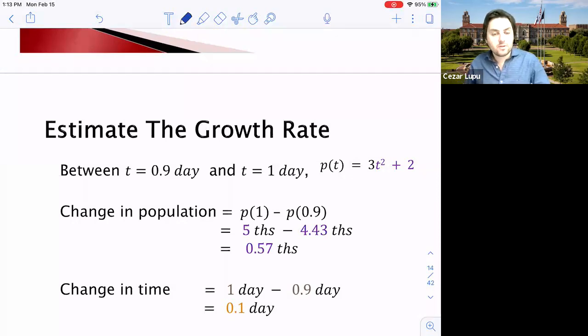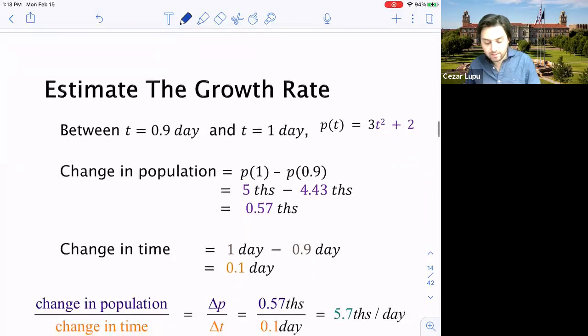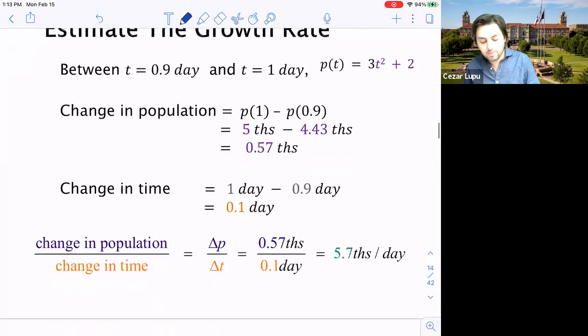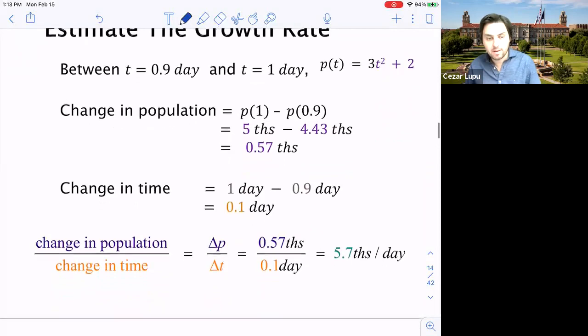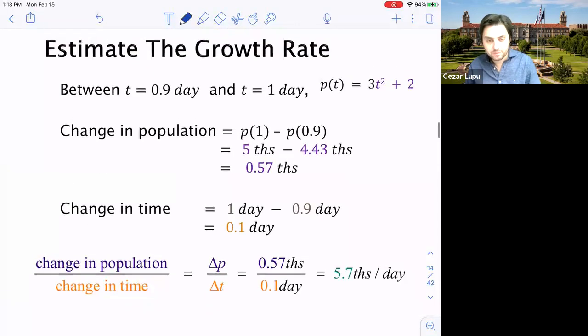So yes, and we will take the change in population over the change in time, exactly like Mason says here. So it's 0.57 over 0.1, correct? So the change in population over the change in time is delta P over delta T, which is 5.7 thousandths per day, right? Okay.